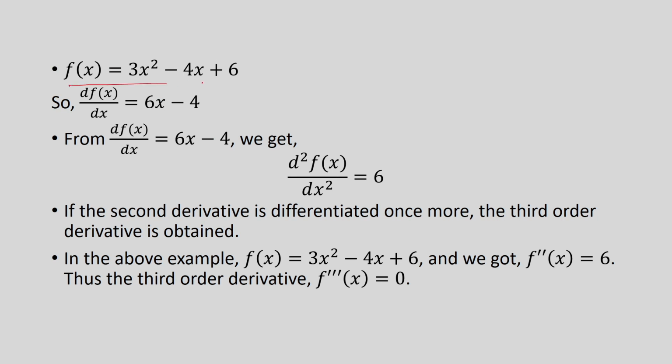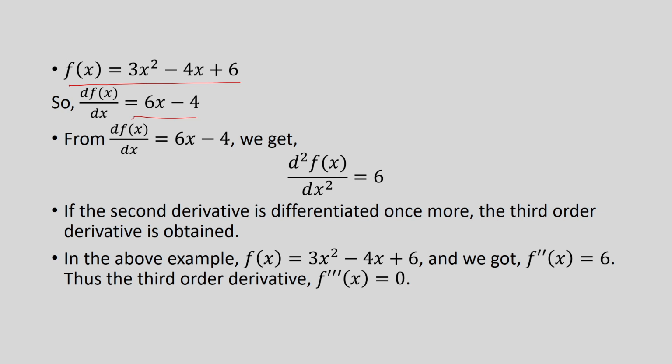So, f x is given 3x square minus 4x plus 6. So, we take the first derivative. We use the power rule, which is if we have x to the power n, and if we want to differentiate that with respect to x, then we get n multiplied by x to the power n minus 1. So, 3 multiplied by 2 multiplied by x.